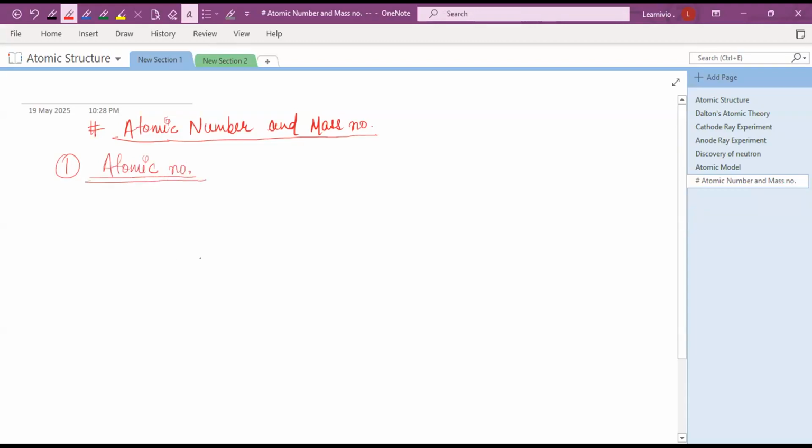Atomic number is denoted by capital Z, right? You know very well, it is equal to the number of protons present in the nucleus of the atom of that element. So write it down.